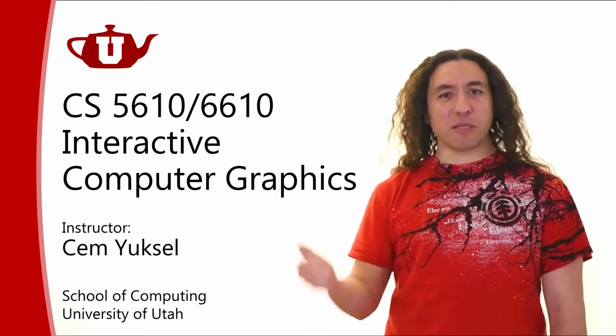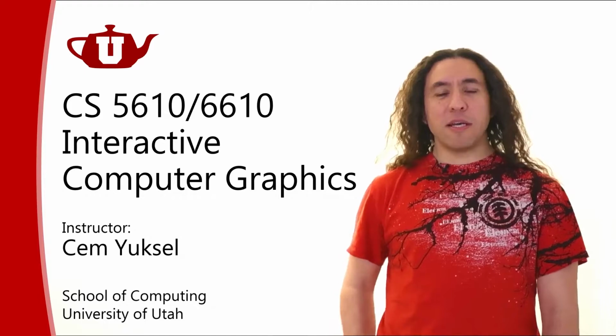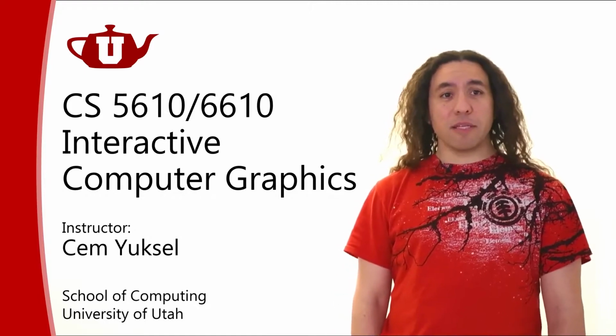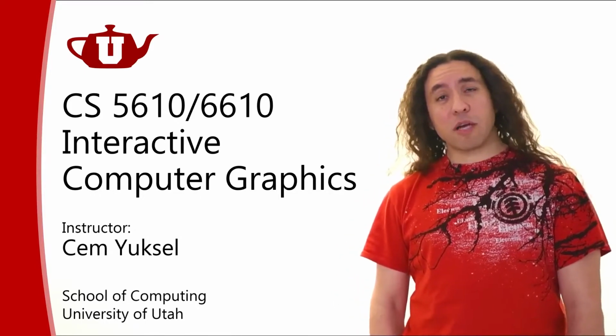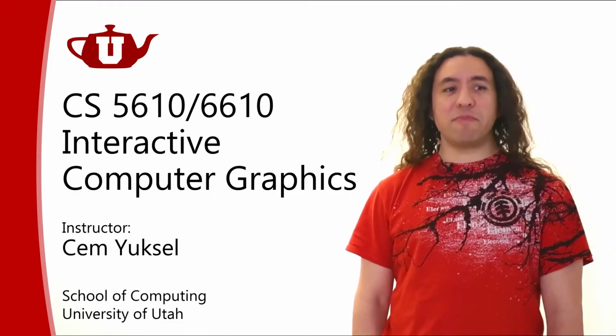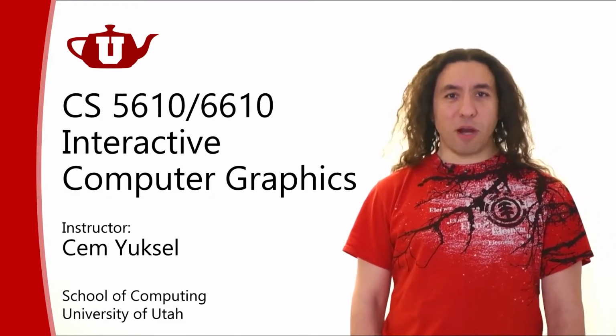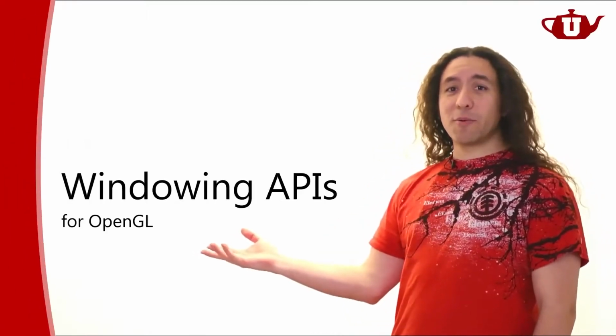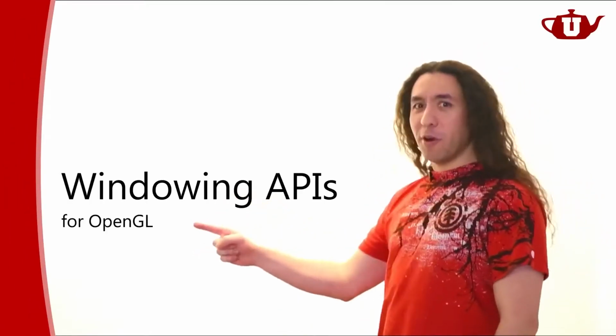You can see the project description on the course webpage, so please do check it out and read it carefully. And the stuff that we're going to talk about today is going to be fairly relevant to that project. All right, so today's topic: windowing APIs for OpenGL.